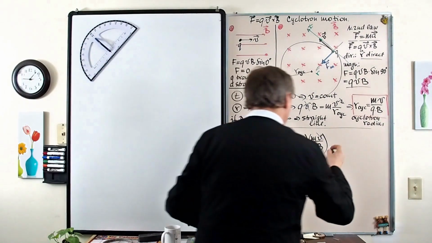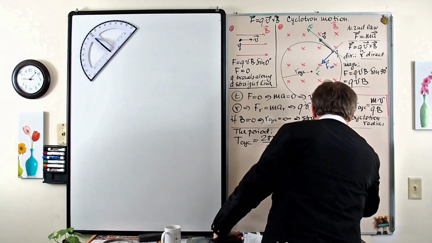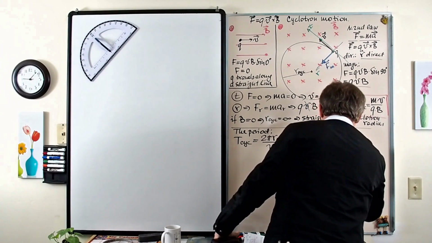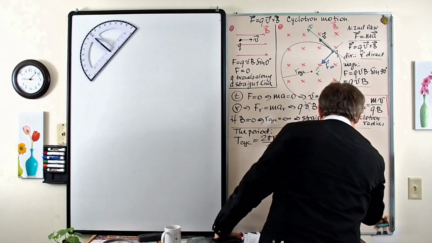As a result, we have the formula: 2 pi m divided by q times B.